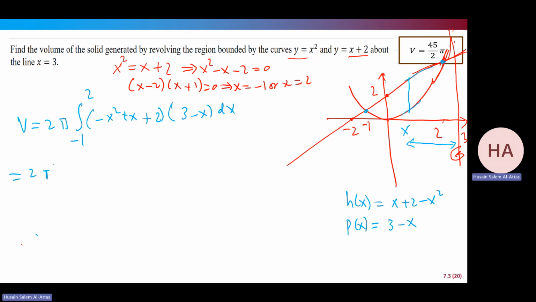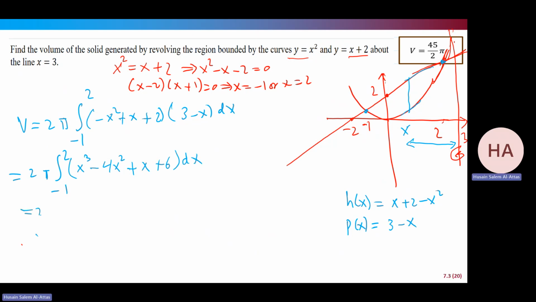Now I need to do the product. See what will happen. I have x cubed. x squared will come from where? I have x times minus x, that will be minus x squared, minus 3x squared, that will be minus 4x squared. x will come from where? x times 3, 2 times minus 1... that will be plus x plus 6 dx.